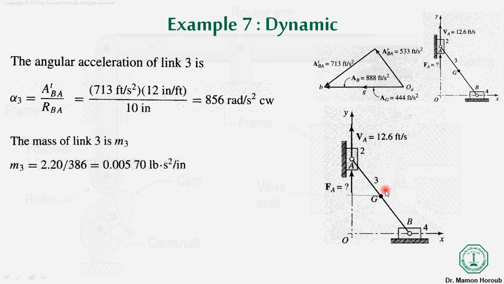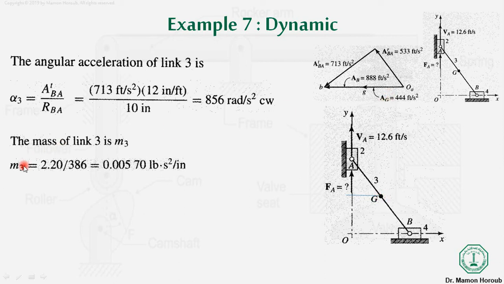Then we will come towards the mass. We are already given the weight, so we divide the weight in lbf by g, the gravitational constant, and from here we get the value of the mass. Now you know that the inertial force is equal to ma. We have m, and also we have the acceleration Ag.